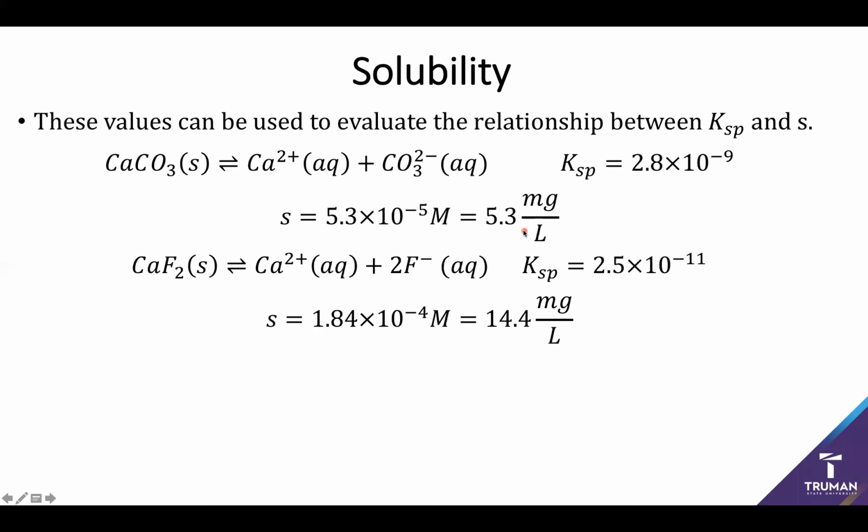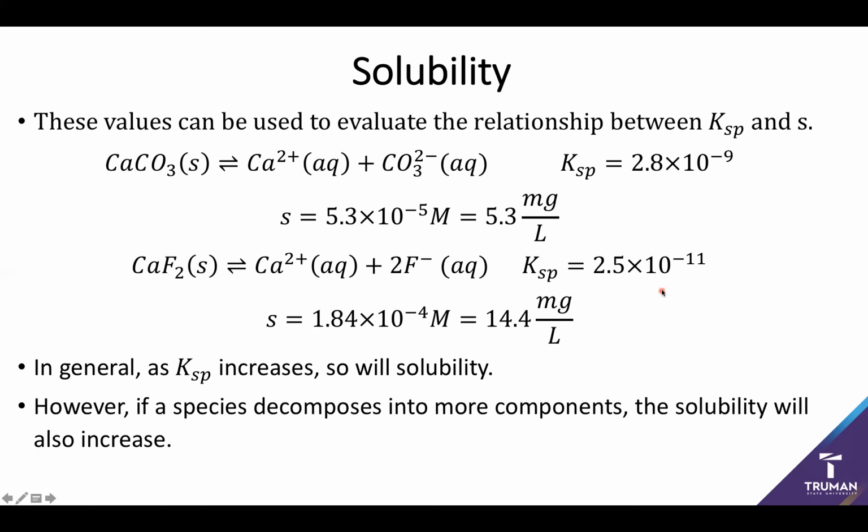So one of the things you have to watch out for is the role of stoichiometry. If you break into more components, that will artificially lower your KSP. So in general, as your KSP increases, so will your solubility. But watch out, because if you decompose into more than one component, that solubility gets spread out over each species.